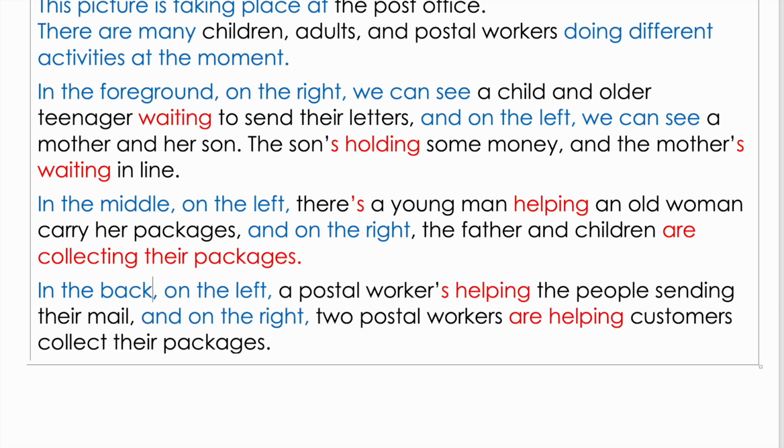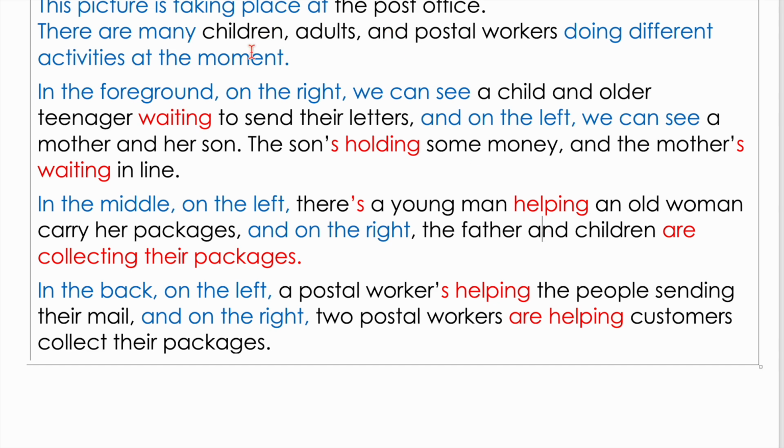We can just say back. That one's easier. Okay? And so we said here a postal worker's helping. So we can say there is or a young man is. We'll leave both for now just so you can practice, okay?